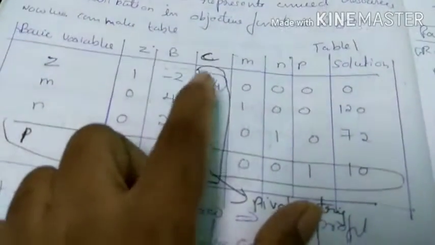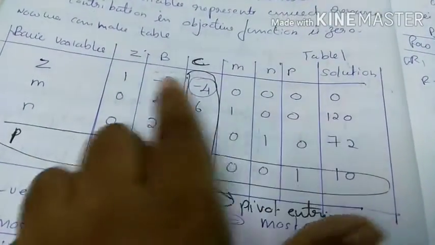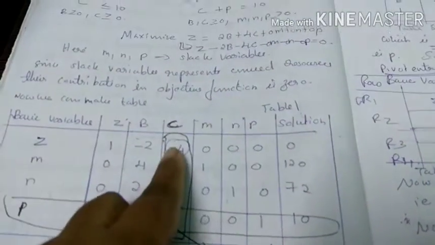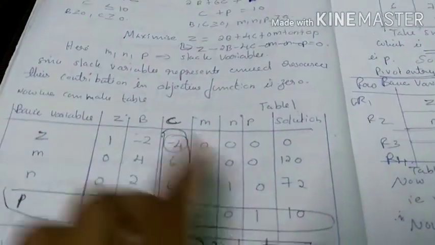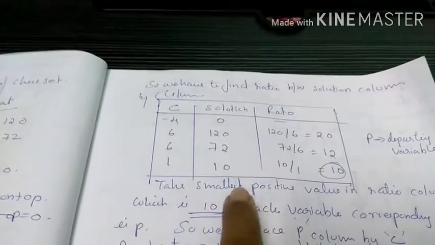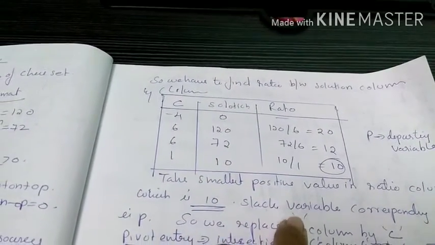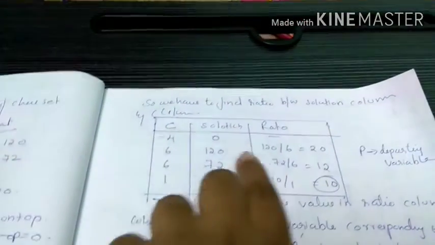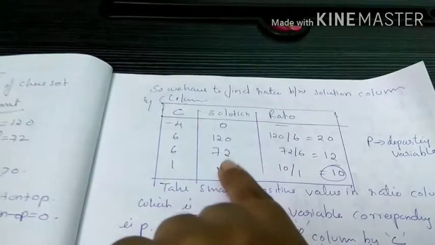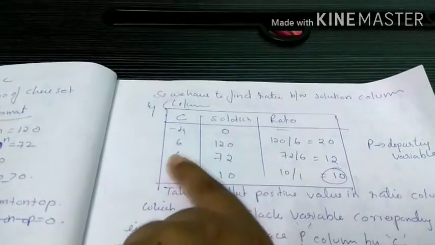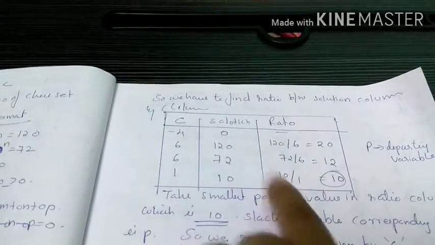Using the most negative value in the Z row, minus 4, we find the C column and the solution column, to find the pivot entry. First we write the C column here and the solution column here, and we take the ratio of the rest of the values: 120 by 6 equal to 20, 72 by 6 equal to 12, 10 by 1 is 10.